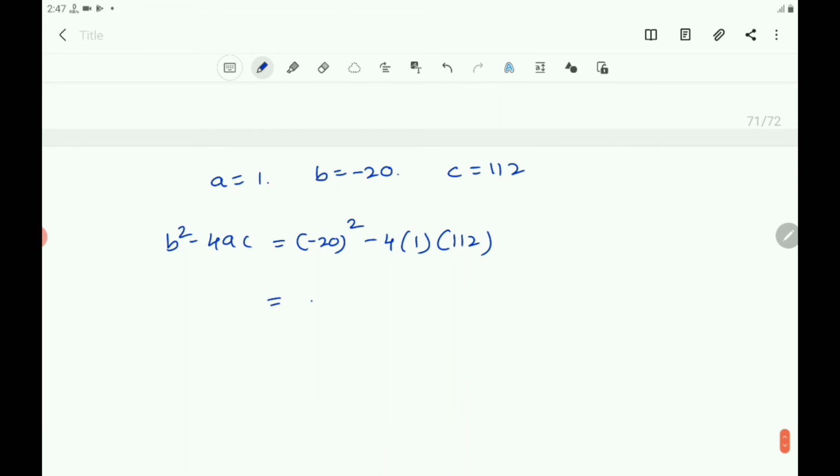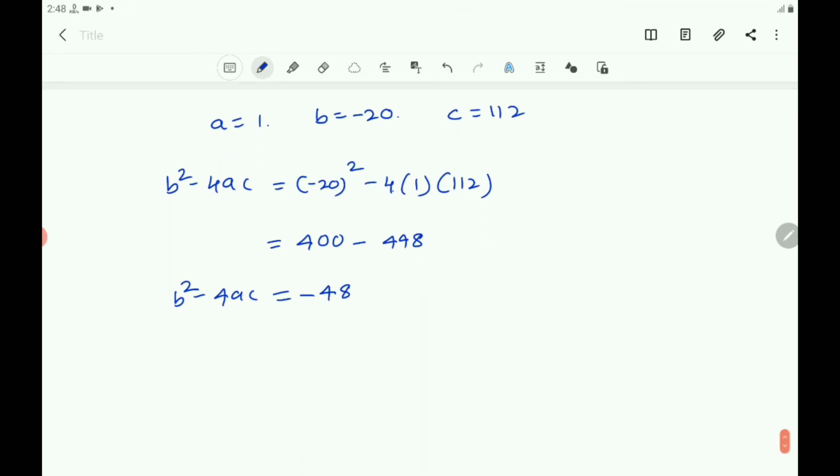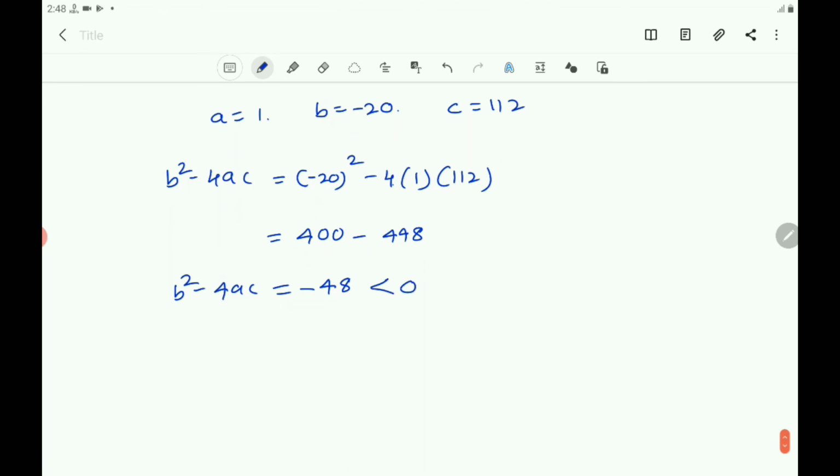Minus 20 whole square is 400 minus 4 into 1 into 112 is 448. Then you will get b square minus 4ac equals 400 minus 448 is minus 48, which is lesser than 0. As you got b square minus 4ac is lesser than 0.